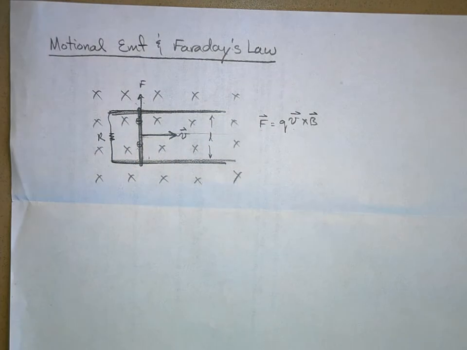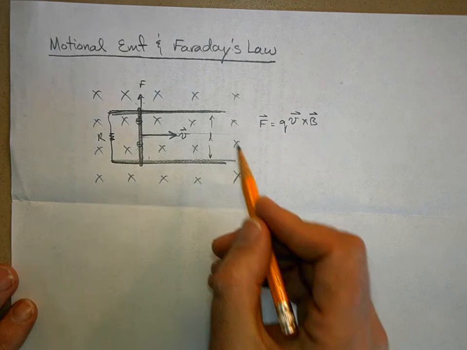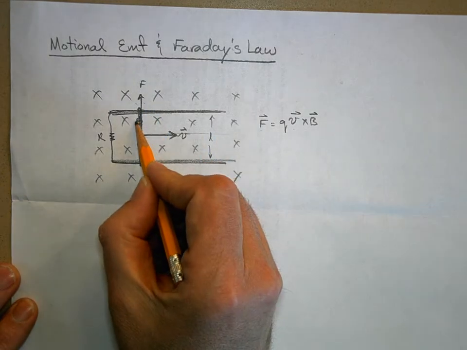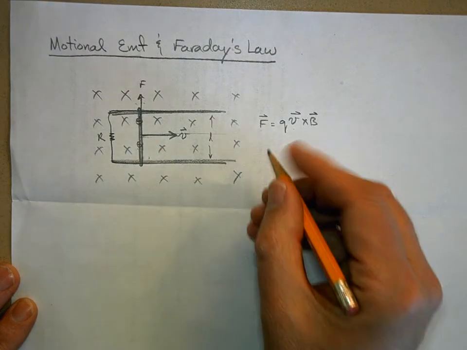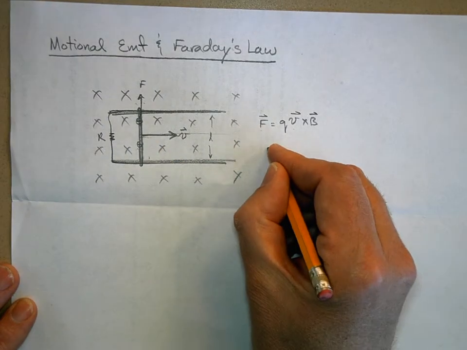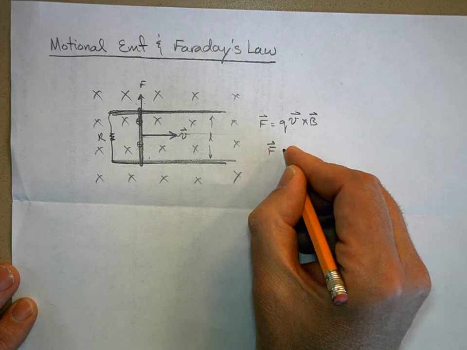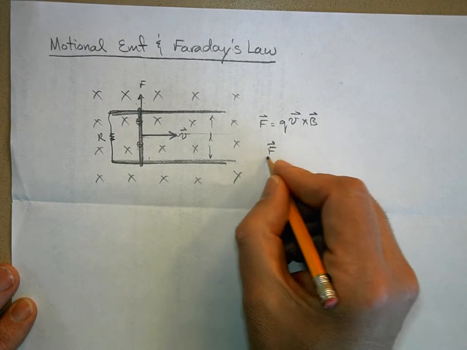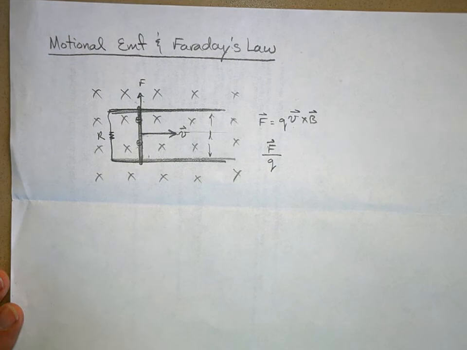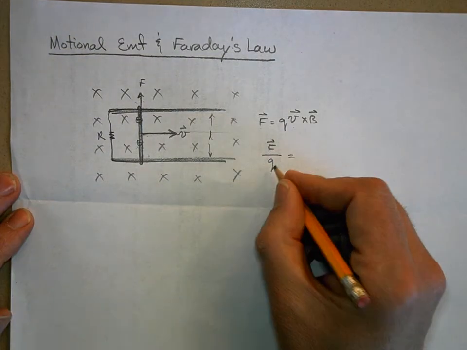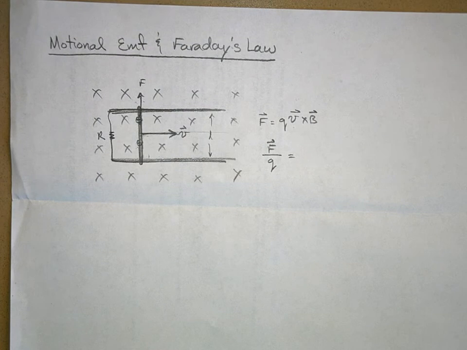Now I've got the force on this charged particle. I'm going to divide that by the charge on my charged particle. And what is that called? Force per unit charge.